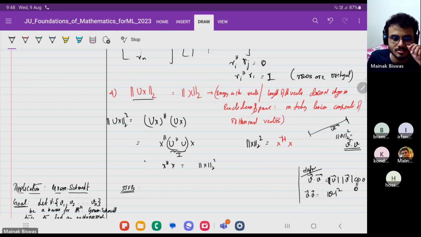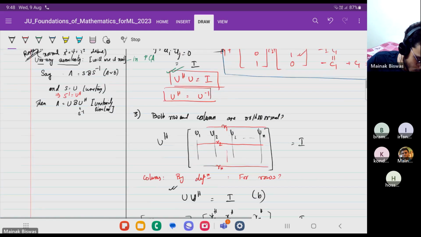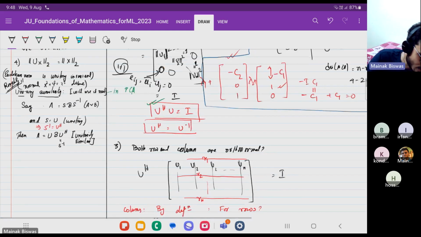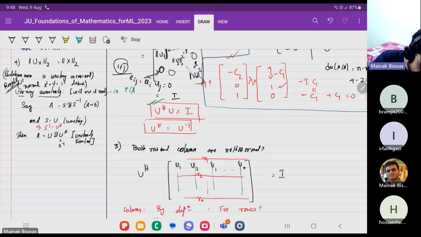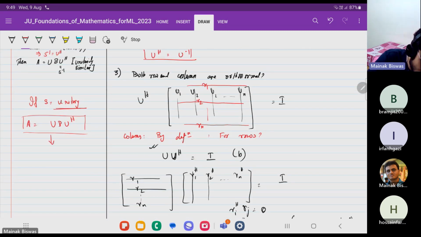So you'll have x Hermitian x, which is nothing but the norm square of x. Is it true? Right? Is it okay? It's clear. So I have just noted it down over here as we have seen before. So if S is unitary, A equal to U Hermitian B U, what are these called? We had seen A equal to S B S inverse and showed that they were an equivalence relation.